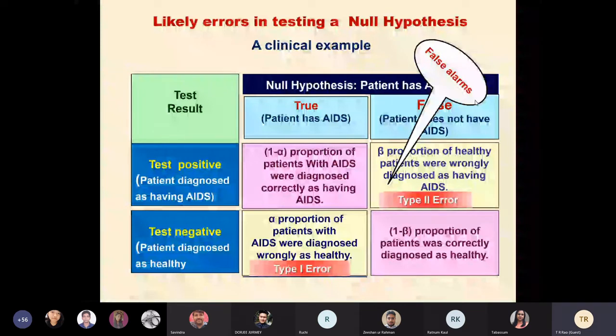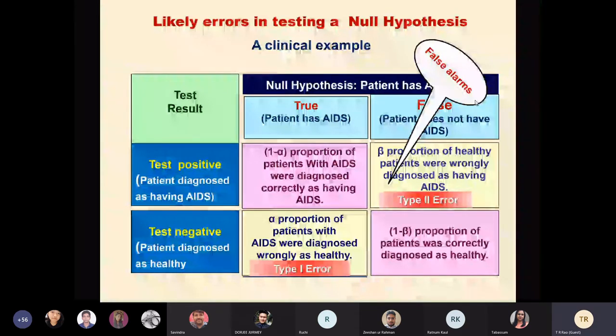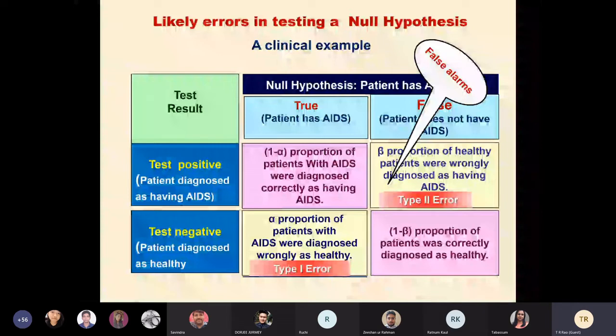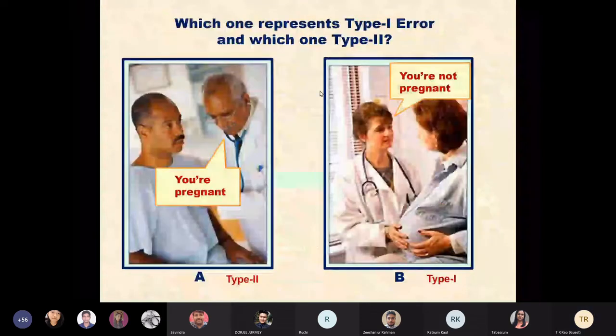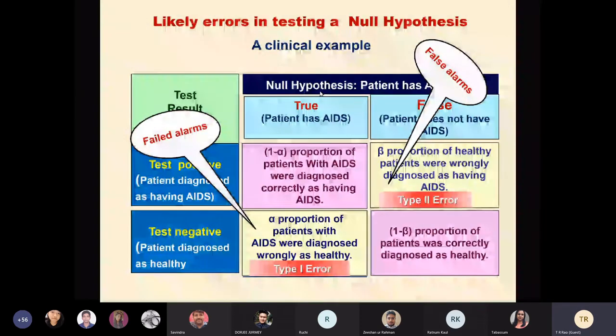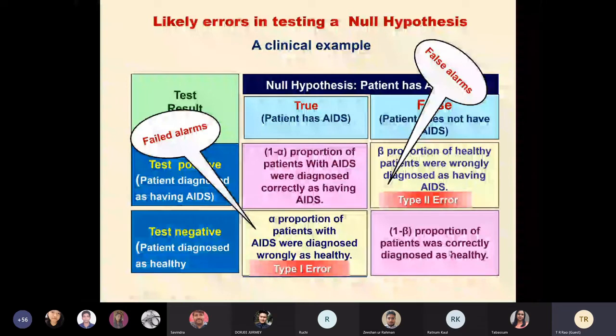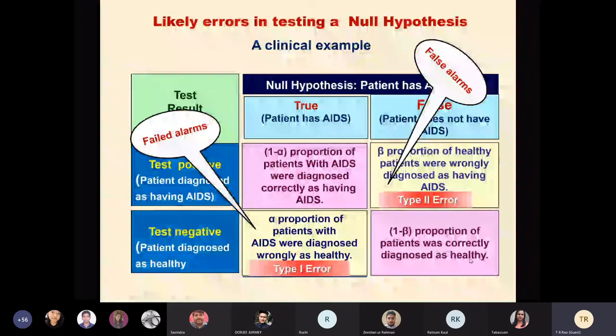I pause here with my students and ask them to think of a term that you could use for this one. It is called a failed alarm. The test should have come up buzzing, saying that this fellow is wrongly diagnosed as healthy. Watch out, he has AIDS. So here it was a false alarm, here it's a failed alarm.